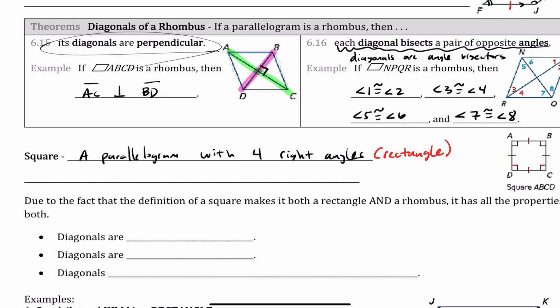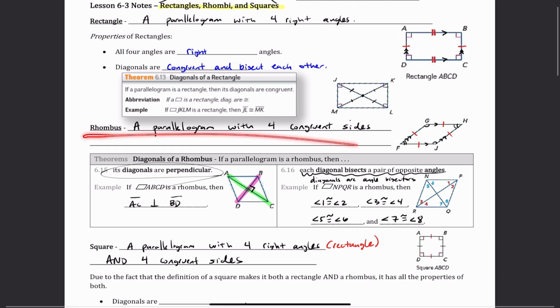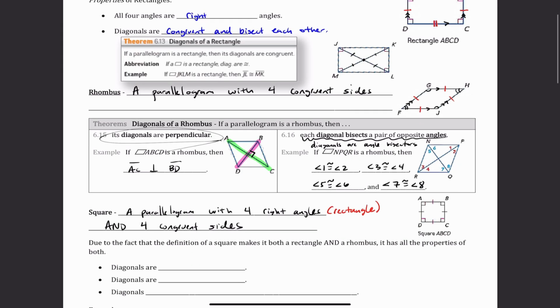But a square isn't just a parallelogram with 4 right angles, it also has 4 congruent sides. So it is a parallelogram with 4 congruent sides. That's basically a rhombus because a rhombus is a parallelogram with 4 congruent sides, right?